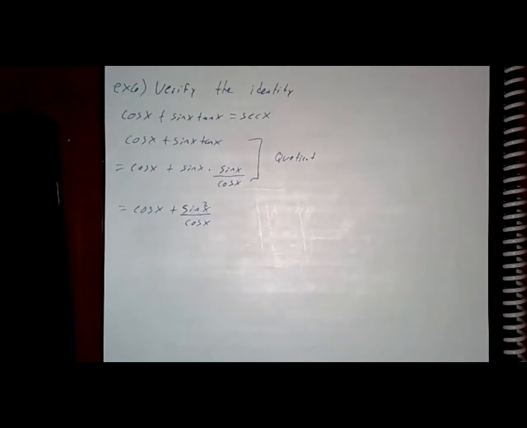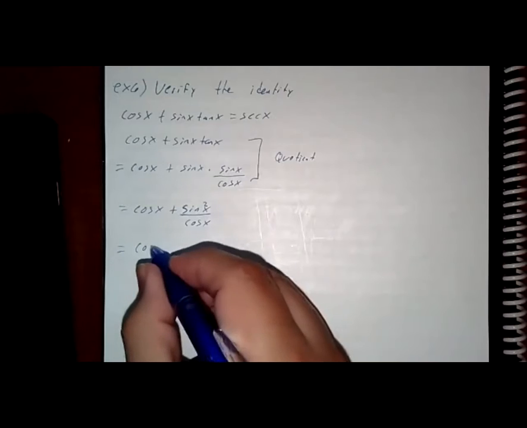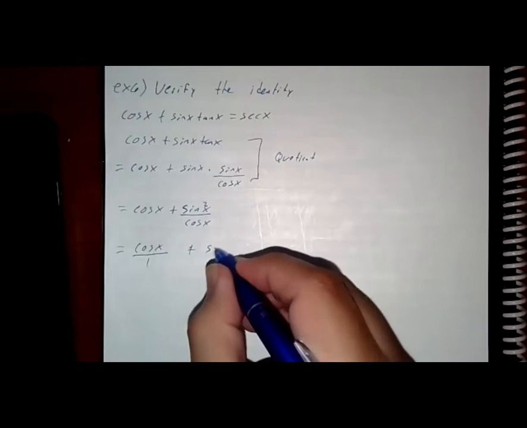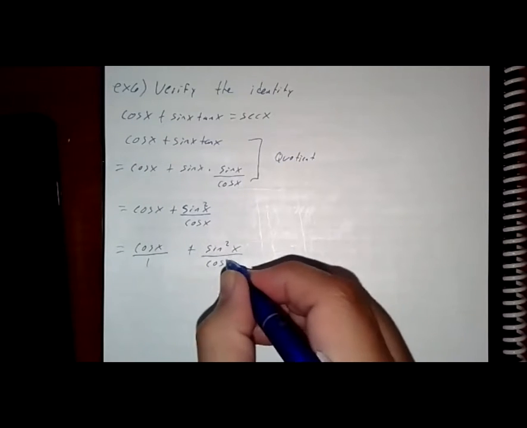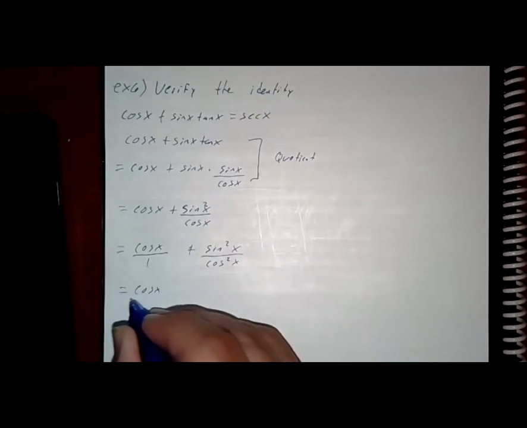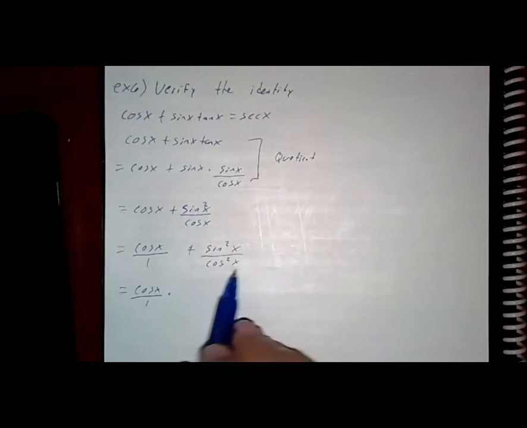Now I'm going to add my fractions. Right now I have cosine x over 1, technically, plus sine squared x over cosine x. Multiply the top and bottom by the LCD.